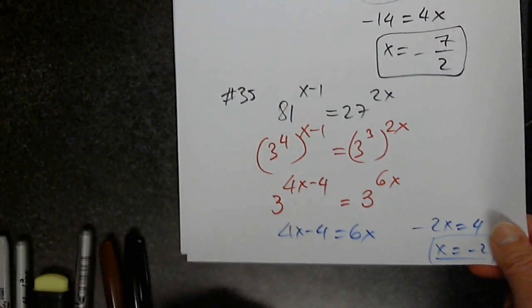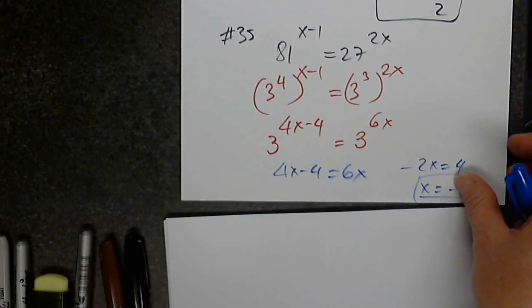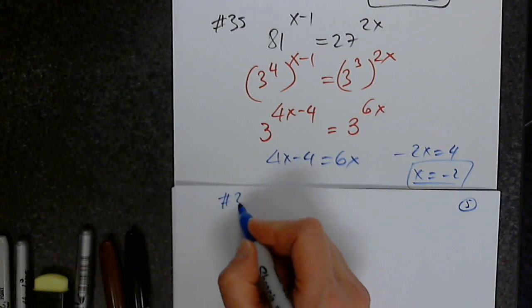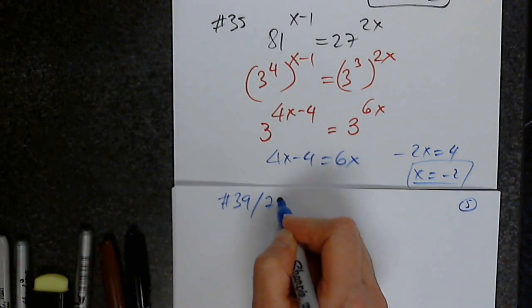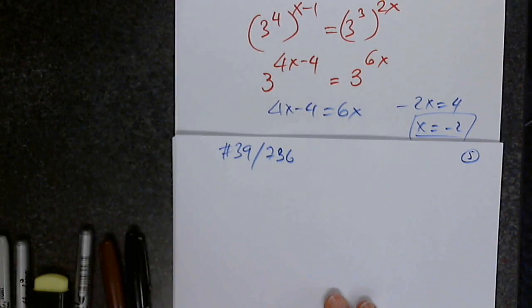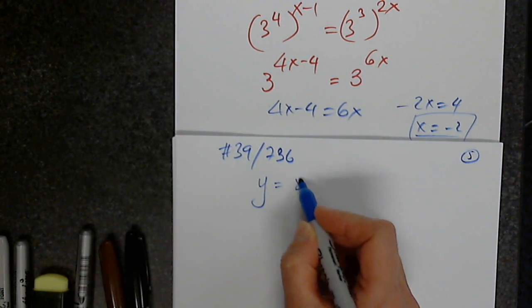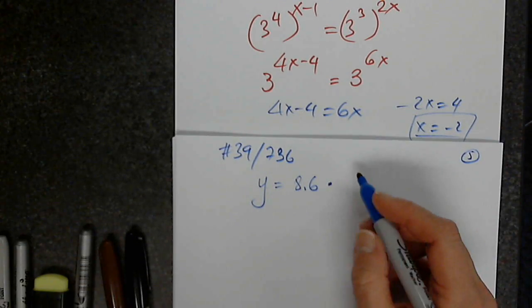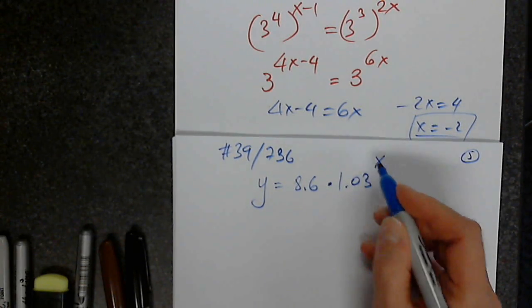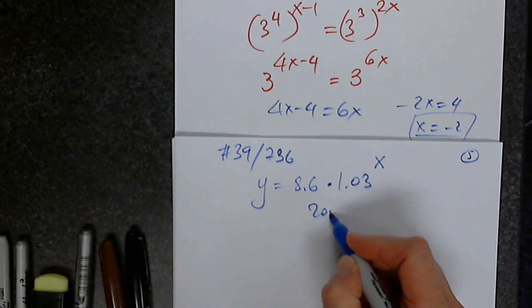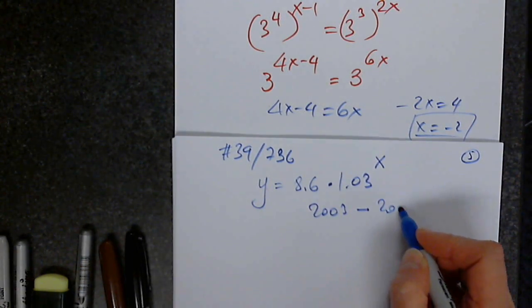Let's look at a word problem. Number 39, on page 736. Okay. Cheese production in the United States is currently growing at a 3% rate per year. The equation y equals 8.6 multiplied by 1.03 raised to the x models the cheese production in the United States from 2003 to 2009.